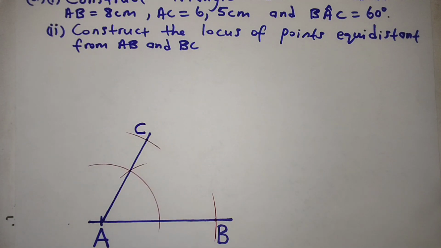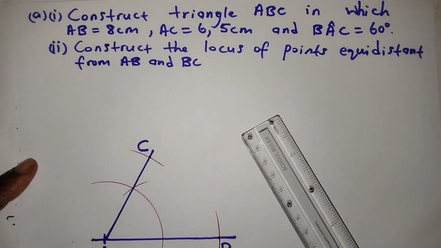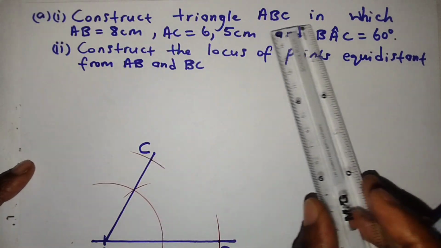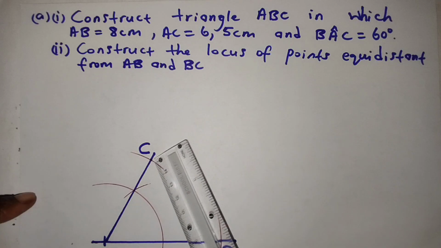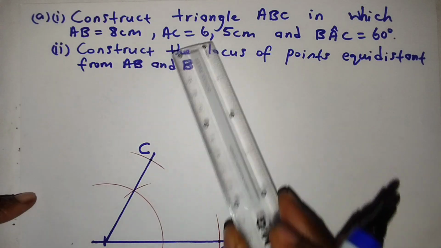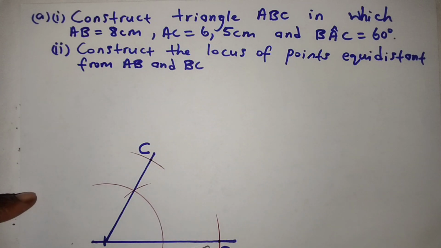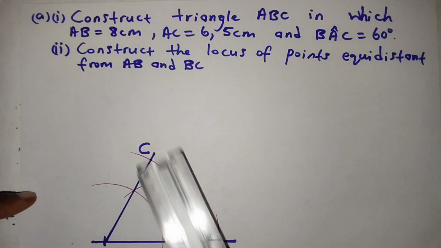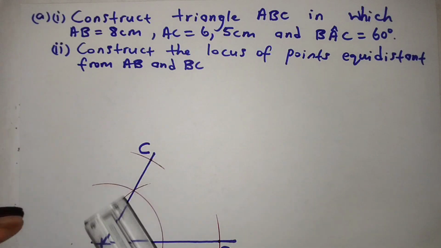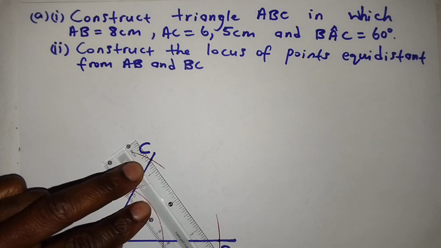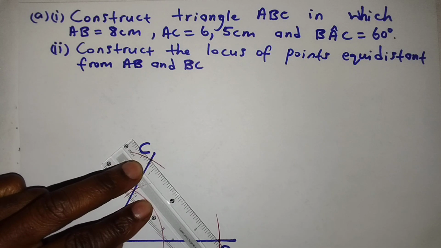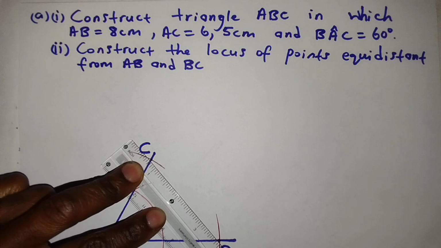Okay, so finally, for us to construct our triangle, remember we are constructing triangle ABC. So this is an angle of 60 degrees and AC 6.5 centimeters according to this information. AB 8 centimeters, according to this information. So now for us to complete our triangle, you have to join point B to C like this using a ruler.